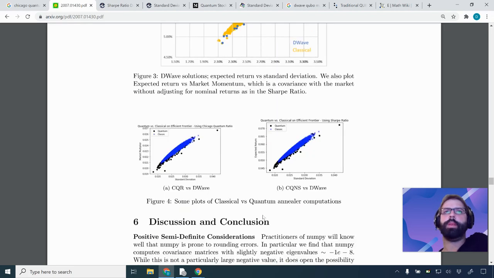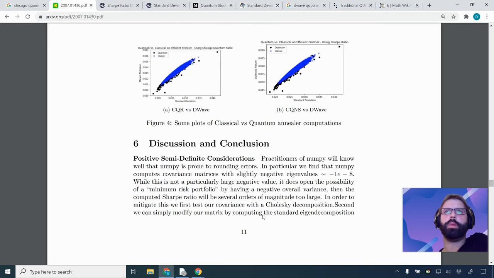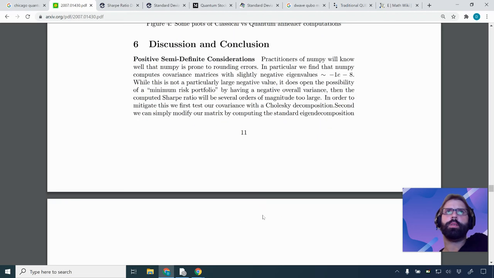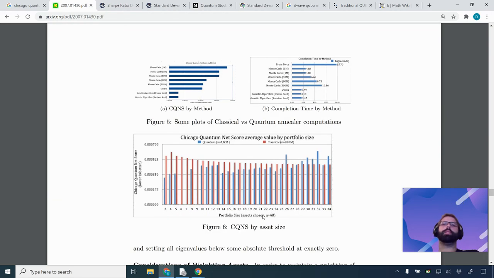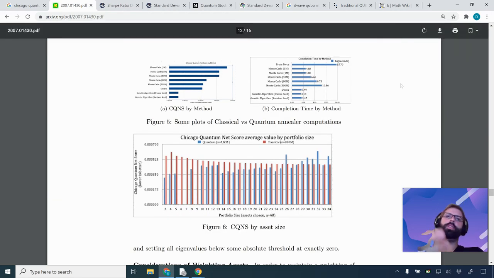Because I basically wanted to try and understand the QUBO, but I'm not entirely sure I understand. So it's definitely CQM.